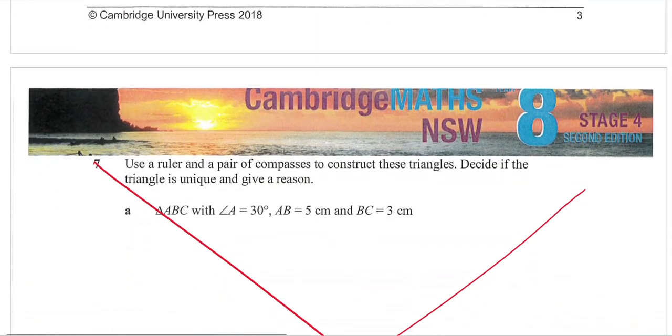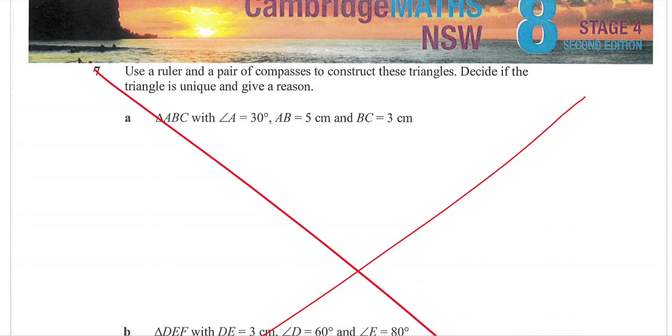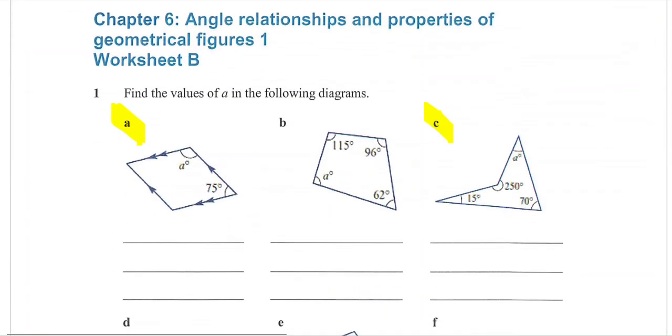Okay, moving on. Please cross out question 7 because you will not have to draw triangles using compasses. Moving on to the next page. A four-sided shape is called a quadrilateral, and the angle sum of a quadrilateral is 360. But this one, it is a quadrilateral, but I don't have all the angles. Instead, I'm going to have to use the parallel lines again in there.